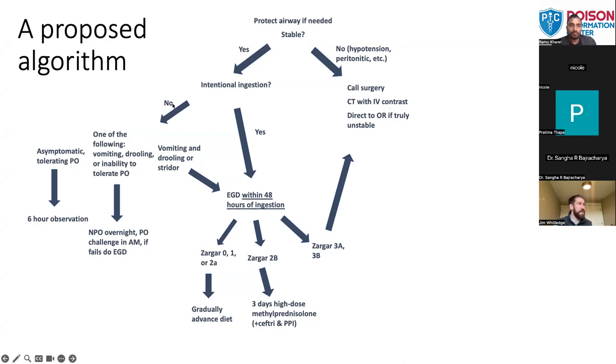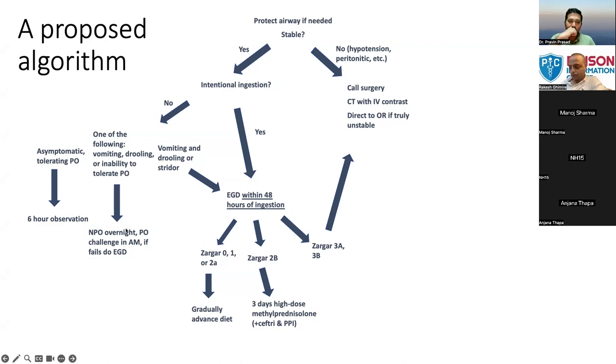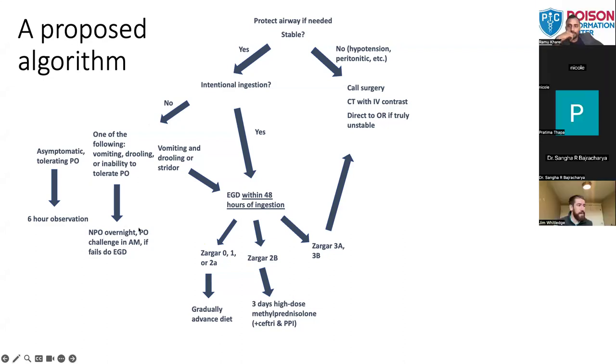So if it's not an intentional ingestion, then you want to think about, are they asymptomatic? Are they tolerating oral intake without difficulty? A patient like that can probably be observed for a period of time. And if they do okay with their oral challenge and are asymptomatic, they can go home. If they have vomiting, or they have drooling, or they can't tolerate PO, that's someone who I would keep NPO overnight, so nothing by mouth, and then I would see if they are able to eat and drink in the morning.